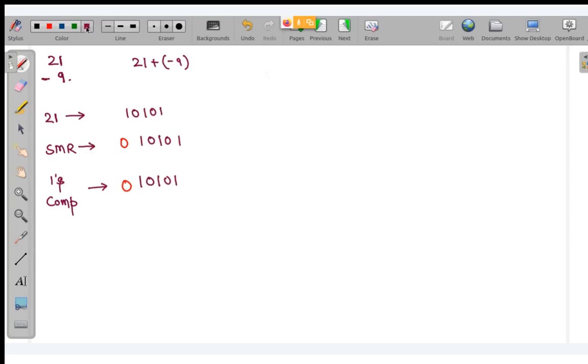Now look, how do we represent 9? This is a very good example that I have taken randomly. Basically it is 1, 0, 0, 1 in binary. In sign magnitude representation, minus 9 will be represented as 1, 1, 0, 0, 1.